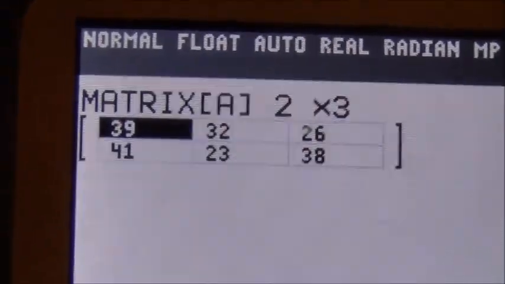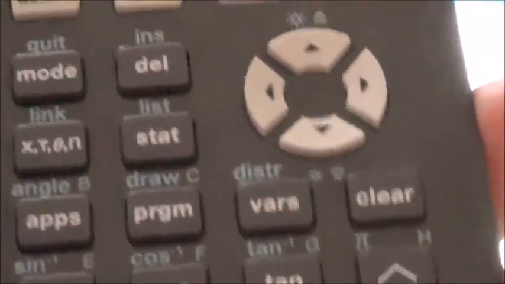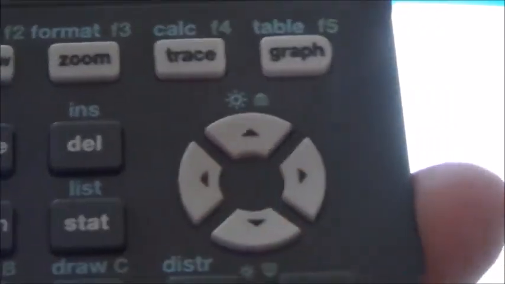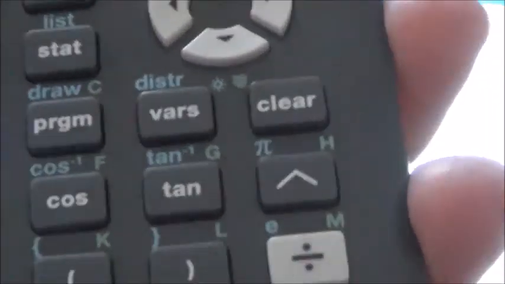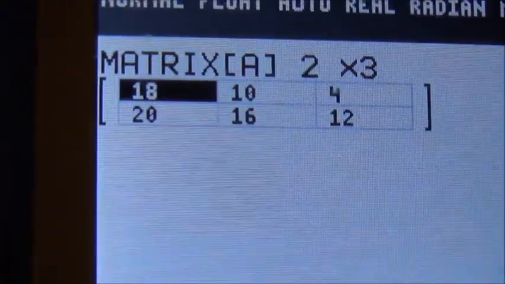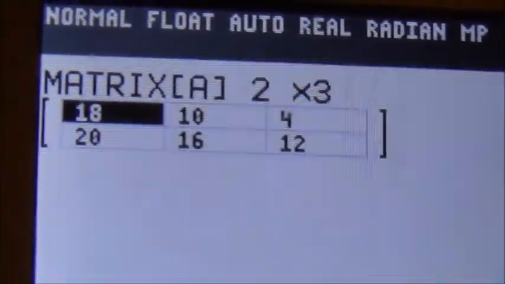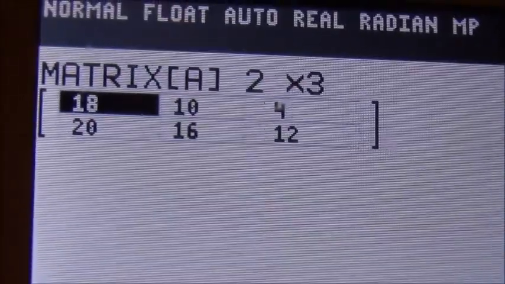So I'm going to put my 18, 10, and 4, and then in the bottom, 20, 16, and 12. So once I have my data in my matrix, 18, 10, and 4, 20, 16, and 12, then I am going to go ahead and do my test.